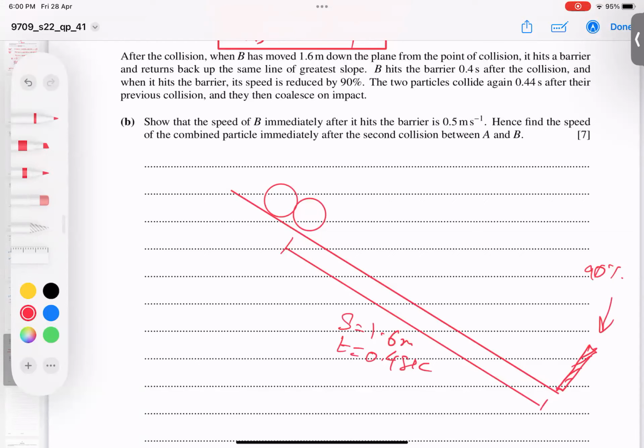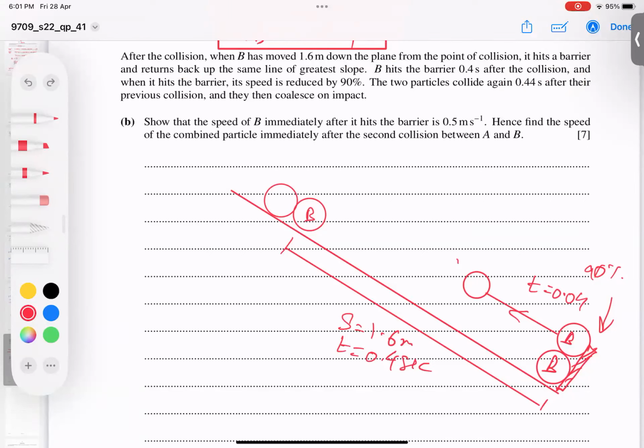So when the B particle hits the barrier on the ground, it will go up. The total time is 0.44, so subtracting 0.4 gives 0.04 seconds. After the previous collision, the two particles collide again.